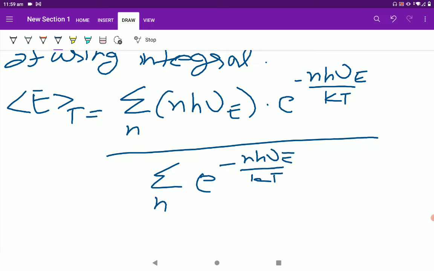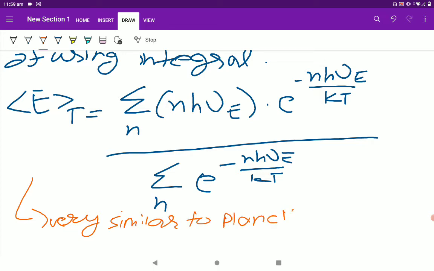So this is normalized. This equation is very similar to Planck's calculation.